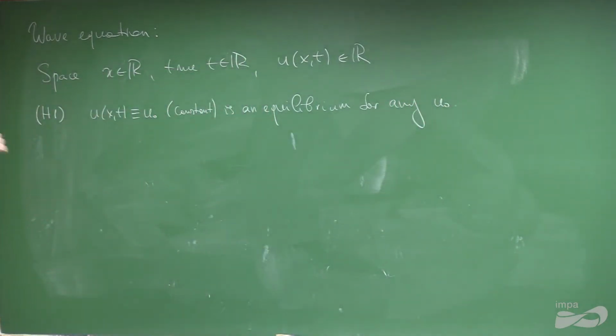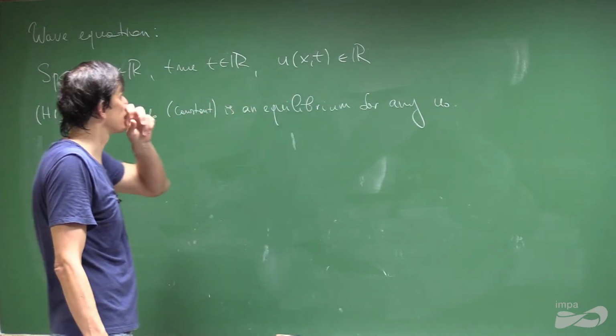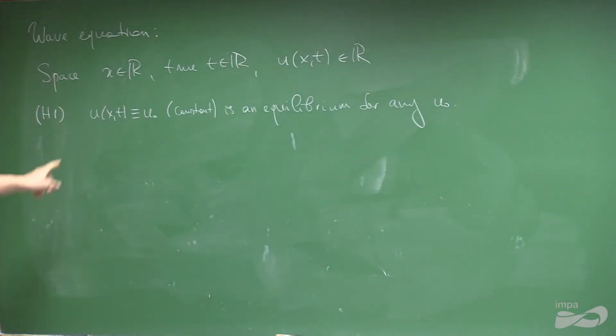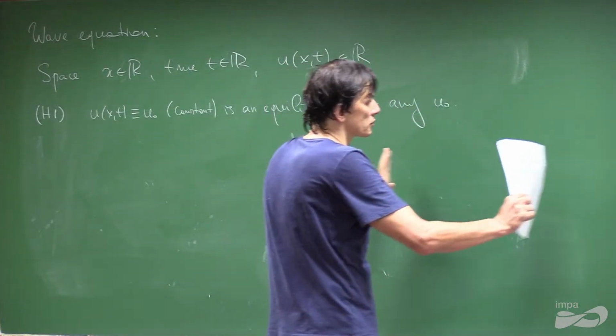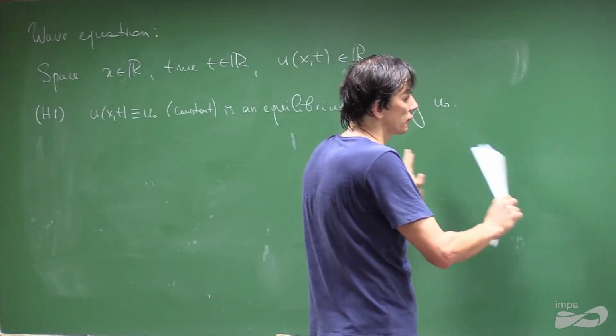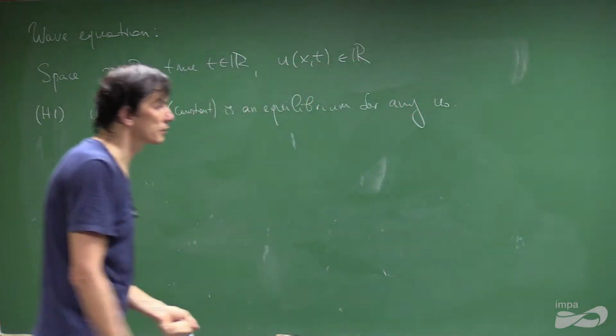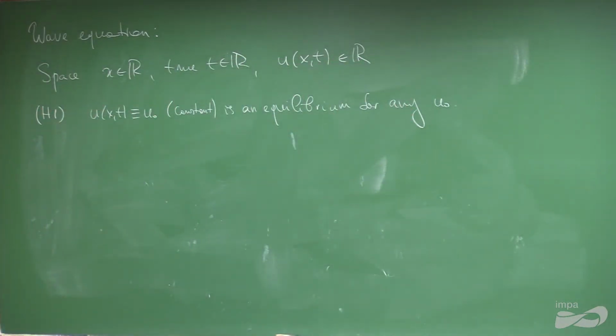So a constant solution is always in equilibrium, in the sense that if the only motion is when the state is changing in x, then if u does not change in x, it will not change in time. That's kind of logical. For our springs and masses, it's also true because constant u means that all masses just move to the same position. If you move all masses, springs will not have any extension, so they will remain in equilibrium.